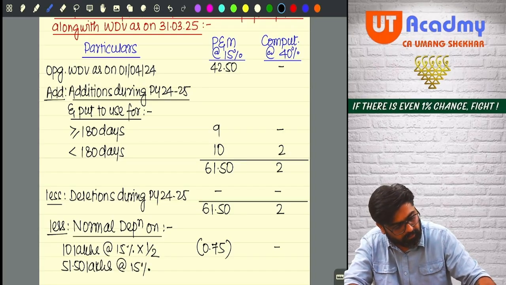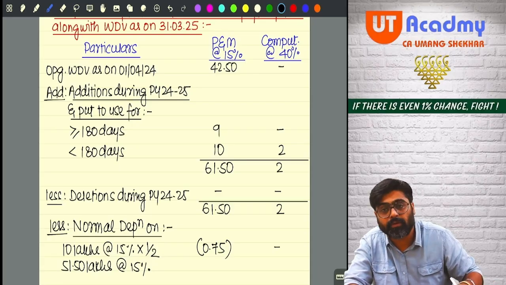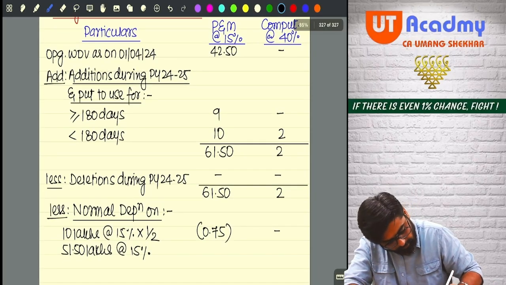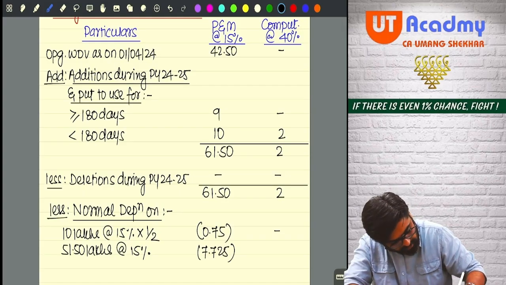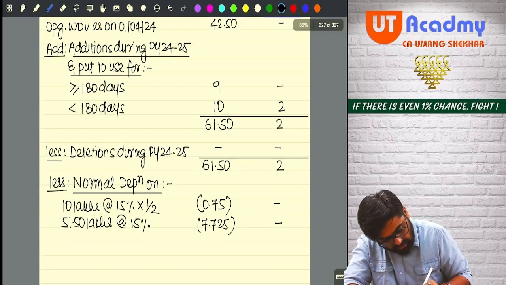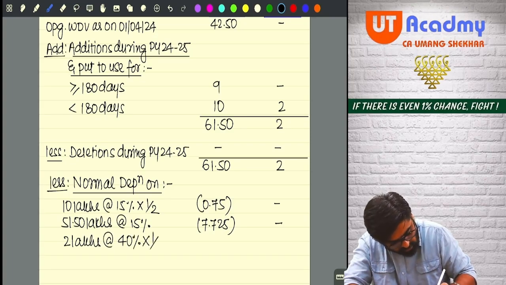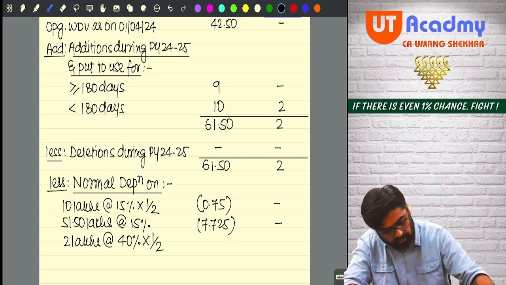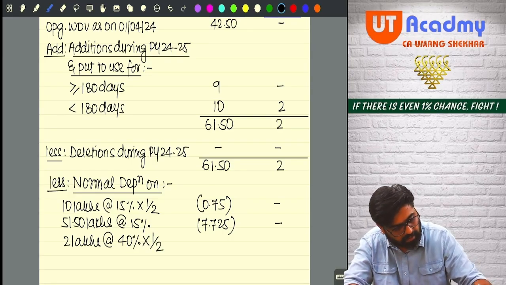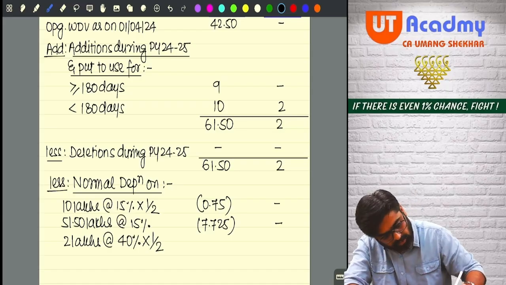So 51.5 into 15% will give me 7.725. Here it will be dash. And on 2 lakhs, WDV of the computer final at the rate of 40%, but this will also become half. So on 2 lakh at the rate of 20% will be 0.4 lakhs.